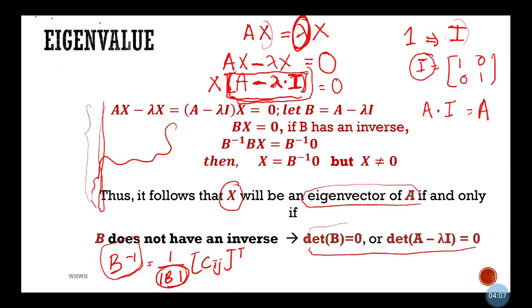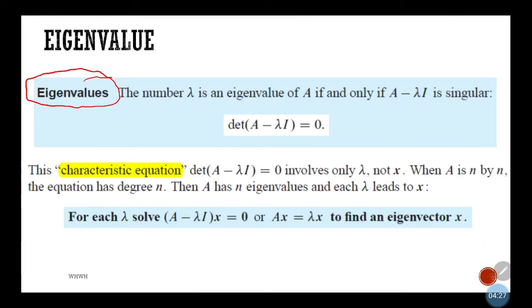Coming back from here, we had A minus lambda times I. What is important here is the determinant of B, or the determinant of A minus lambda I, because we see here that B is equal to A minus lambda I. This is what we use to find the eigenvalue.